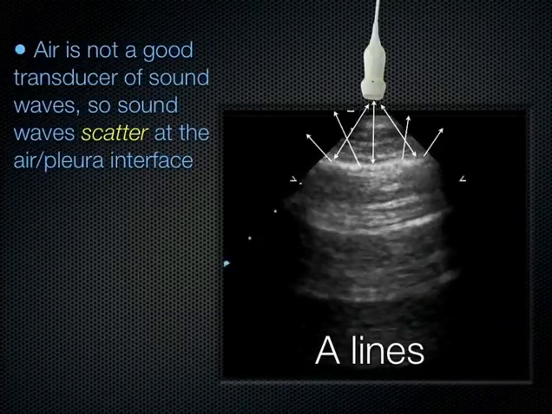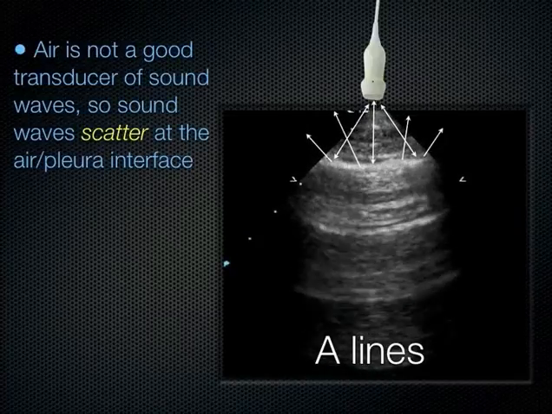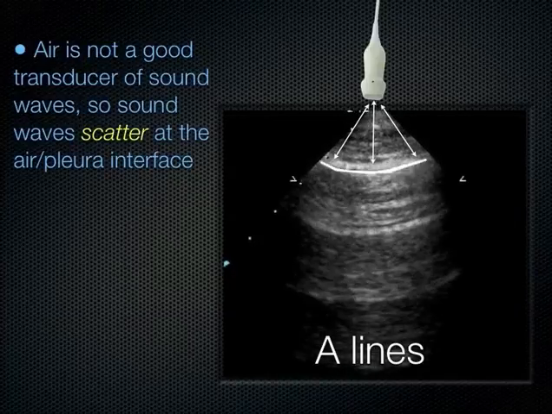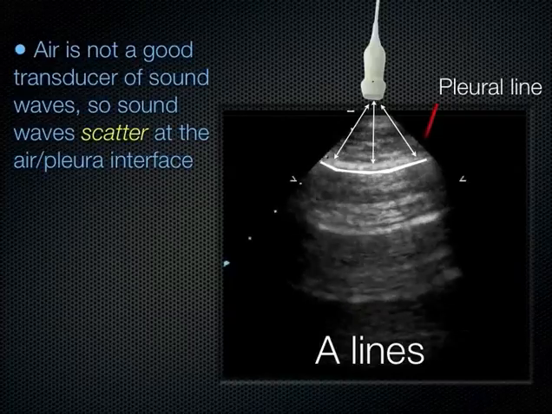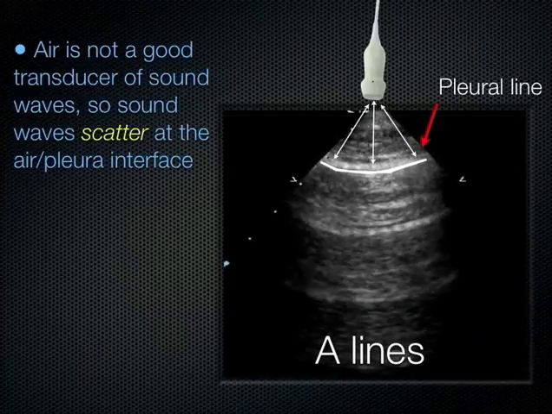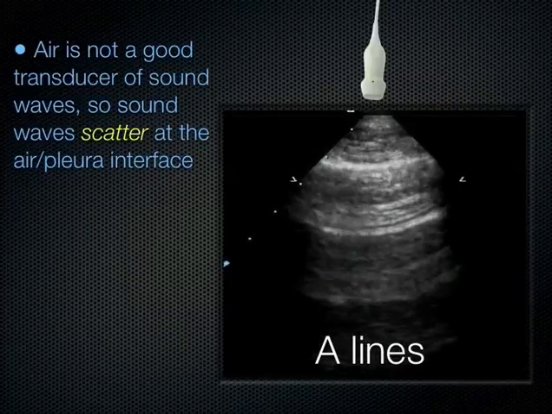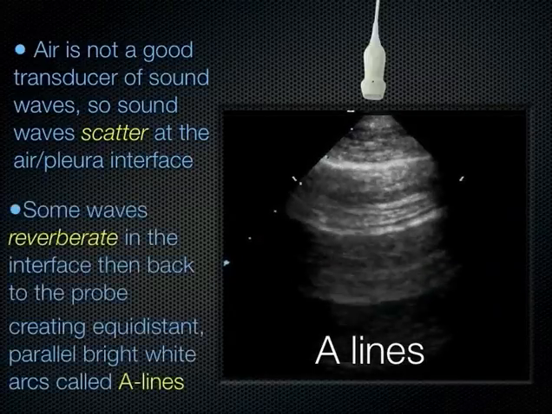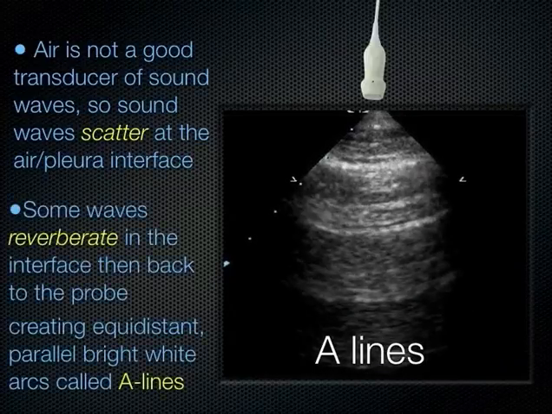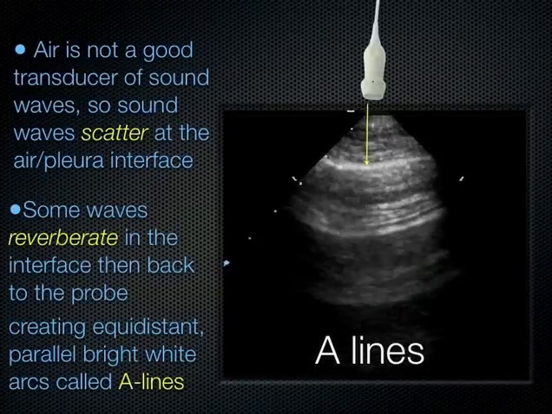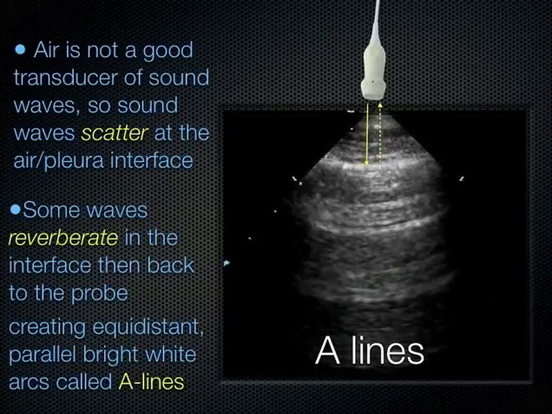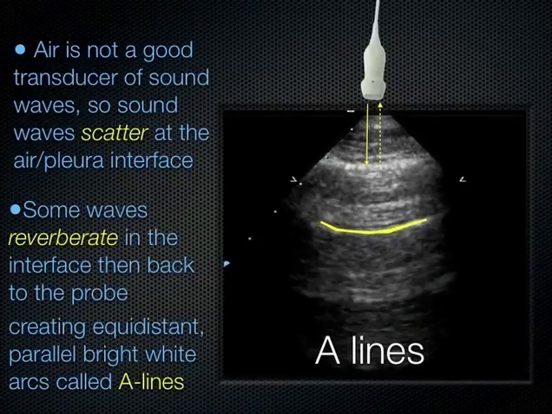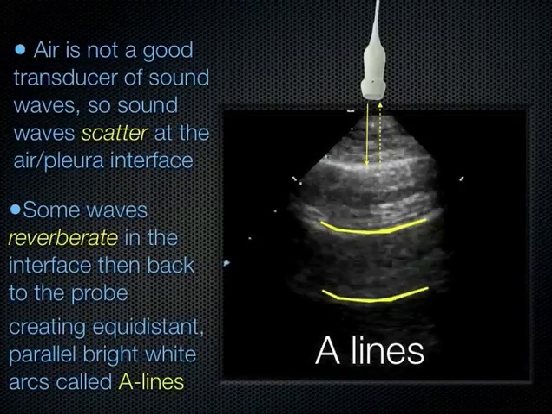However, some of those sound waves reach the pleural line, get stuck in it, and reverberate, and reach back to the probe later, and it ends up interpreting that as lines that are lower. Can everybody see that? It's just an artifact. Your lungs are not striped. This is because there's air, and the difference between the air and the pleural line is creating this artifact.